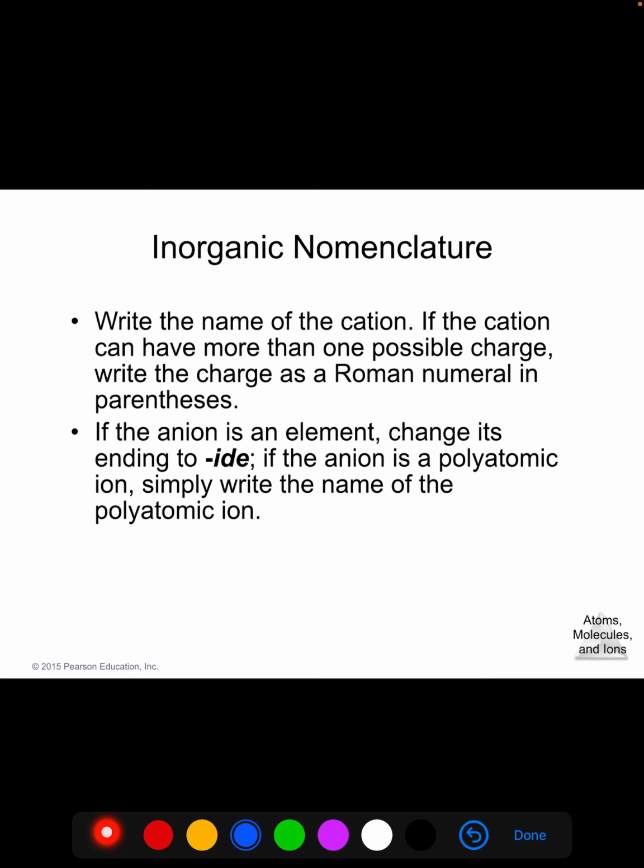So, the way we name them, we write the cation first. If it has more than one possible charge, think transition metal, use a Roman numeral. I'll give you a list.